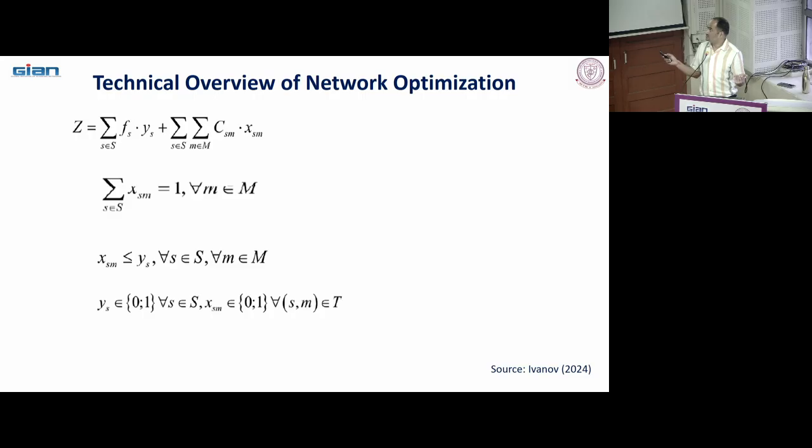That's your objective function. What is this first constraint? Any guess? Any idea? X of SM summation over the supplier equal to 1 for all M. M means market, S means supplier.